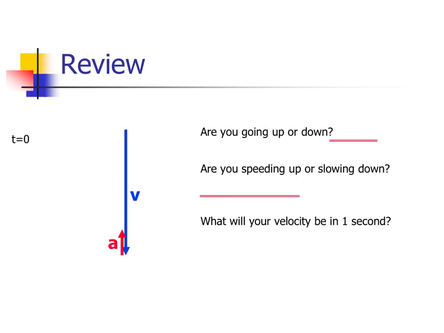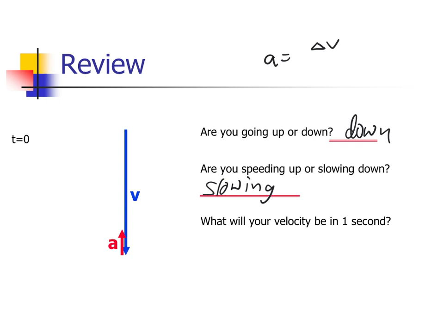How would we do that? Well, we kind of take that away. I said we're going down and slowing down. How much do we take away? Well, remember, acceleration is the change in velocity, right?